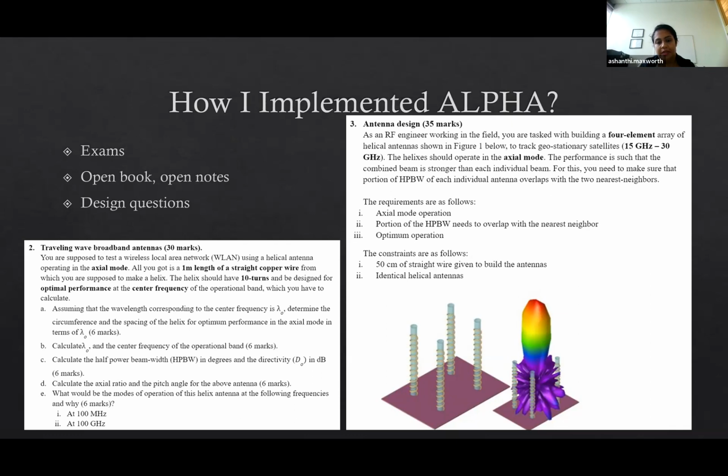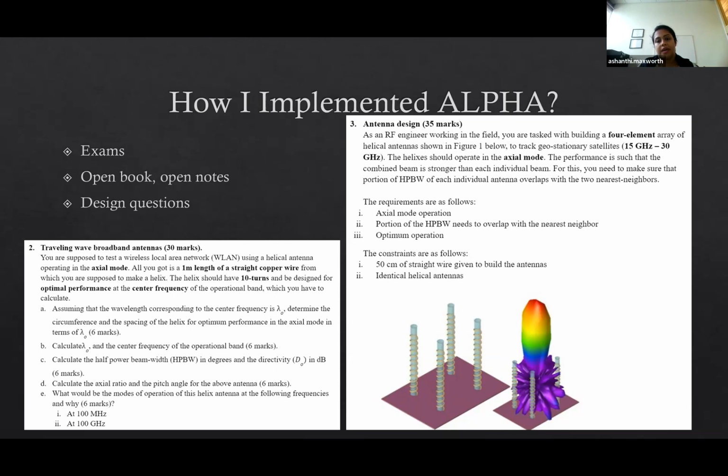As engineers working in the field, they have to produce results within a given time frame. So although the questions are design type and it is open book and open notes, they have to come prepared. They have to know what to apply in a particular case, and if they apply the wrong equation, they get a wrong result, and that's not what your employer might need.